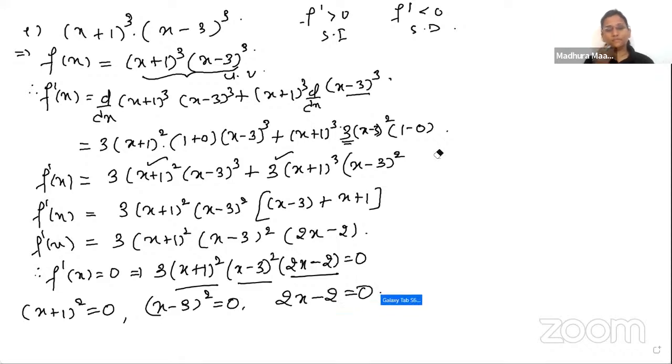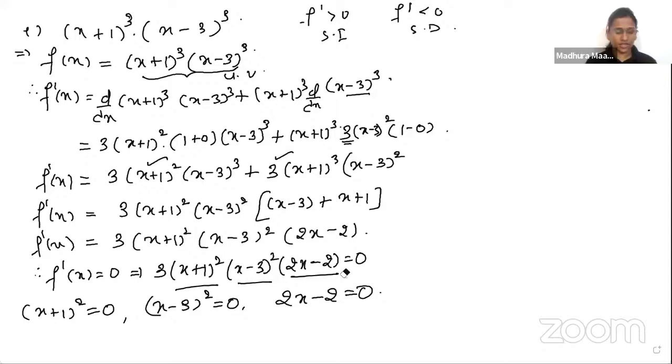Yes or no? Yes, ma'am. All the multiplication of, say, a into b into c equals to 0, this is what you do in your quadratic also. 2 factors you'll get, so either the first factor is 0 or the second factor is 0. Similarly here, how many factors do I have? 3 factors. Correct? Yes, ma'am.